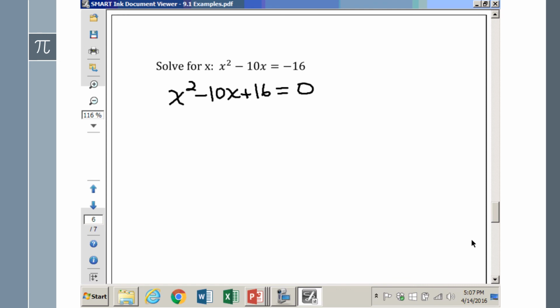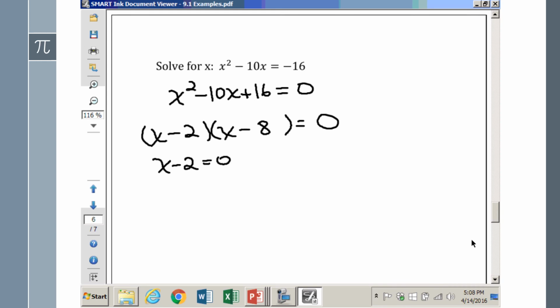Now we're going to use our reverse FOIL method that we acquired when we were in algebra, and we're going to come up with x minus 2 and x minus 8. Just as a quick refresher, the factors of positive 16 that add up to negative 10. So we're going to now set each factor equal to 0, and in both cases, we simplify and we find out that x would be equal to 2 and 8.